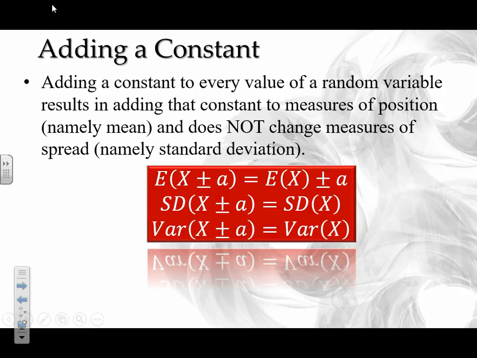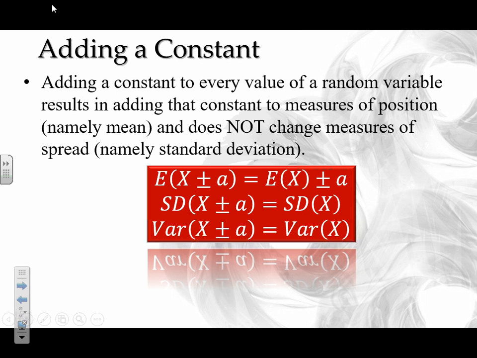It's not going to affect the spread at all. And so if standard deviation remains unfazed, then variance would remain unchanged as well. So when you add or subtract by a constant, mean will change by that same amount. Standard deviation and variance stay the same. Nothing changes.